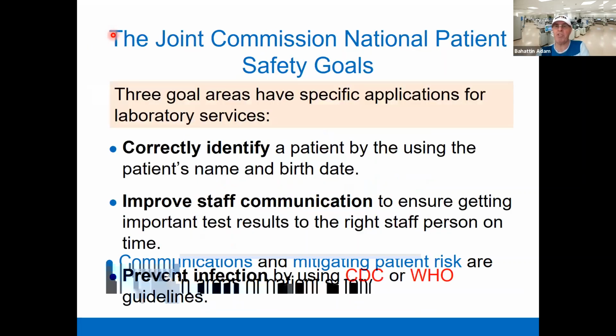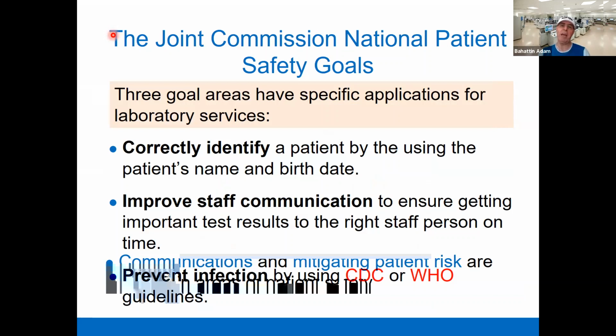The Joint Commission National Patient Safety Goals has several goals, but three goal areas have specific application for the clinical laboratory: identifying the patient, improving staff communication, and preventing infections.